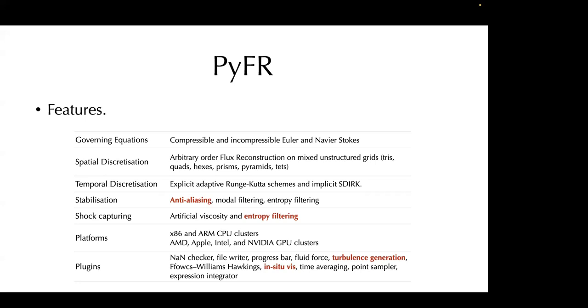These include things like turbulence generation, in situ visualization, time averaging, and Ffowcs Williams-Hawkings aeroacoustic analogy for solving acoustic problems. So there is a lot of functionality and some quite unique bits of functionality, at least in the context of high order schemes, especially when it comes to things like turbulent inflows and shock capturing.